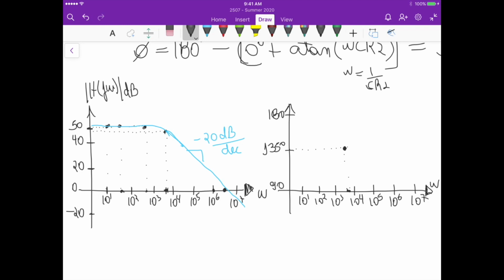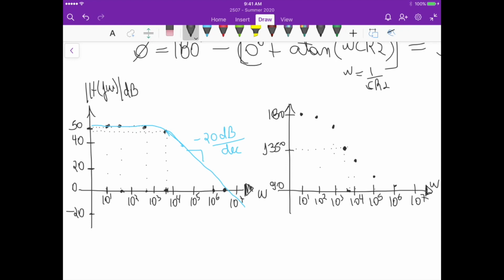Now for lower values of frequency, so for 10 to the 3, I got something around 174 here. Then this one is closer to 180, 10 to the 1 is even closer. Down here 10 to the 4 is something around 122 degrees. 10 to the 5 is something around 92, 94 degrees.